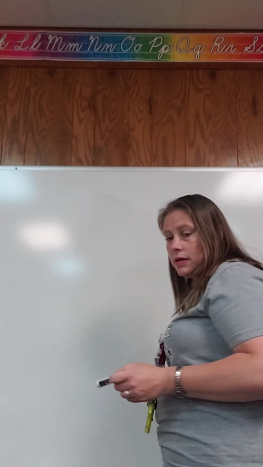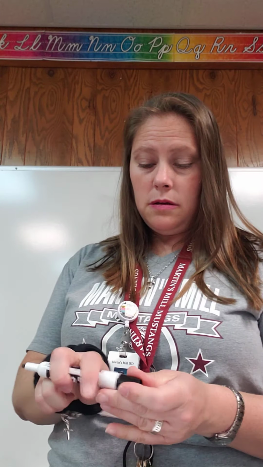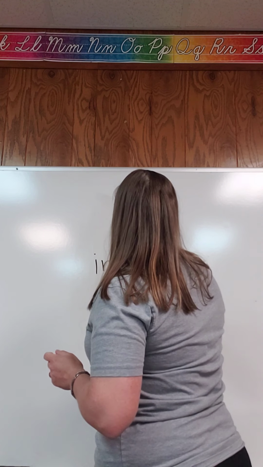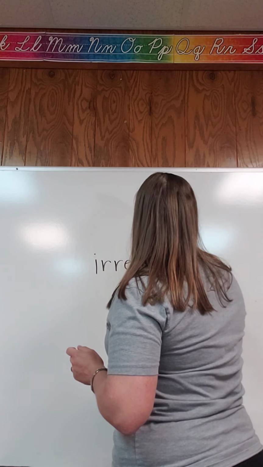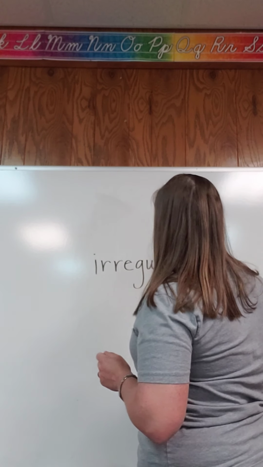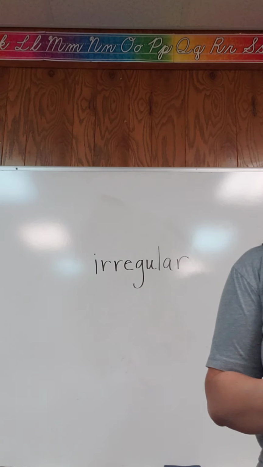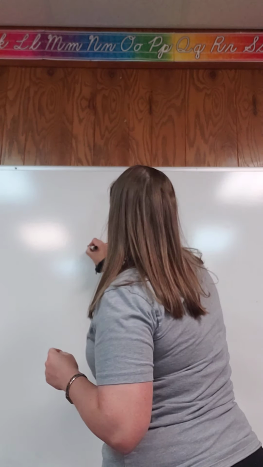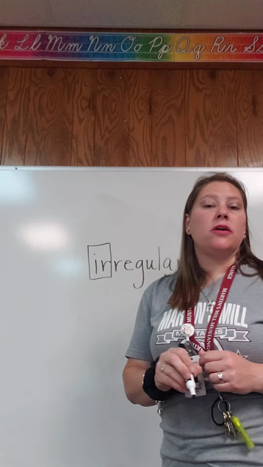And let's take a look at one more. All right, take a look at that. See if you can figure out what it says. See if you can find the prefix. Okay, if you said the box ir, you were correct.